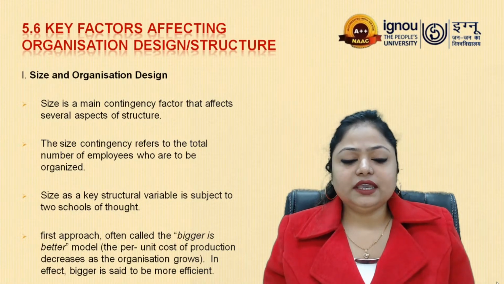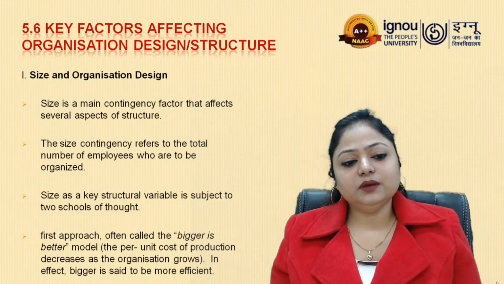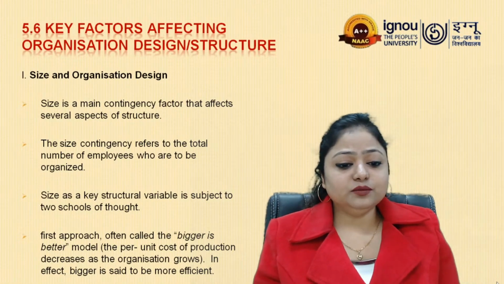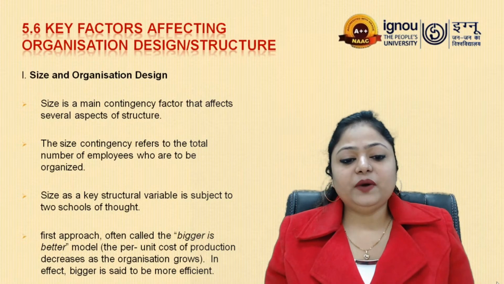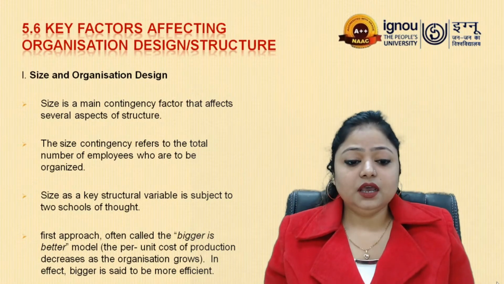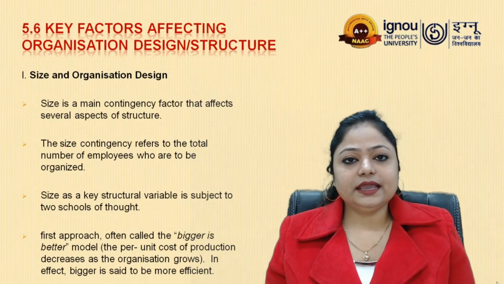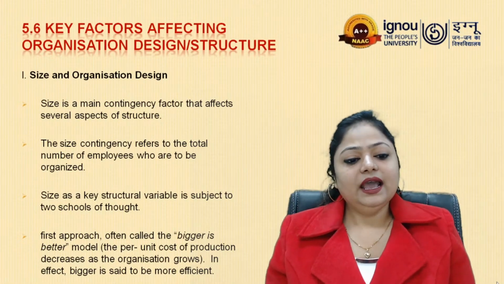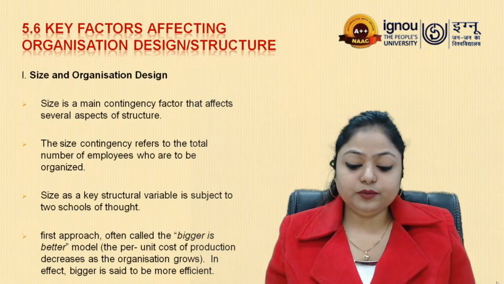Now, it is such a key structural variable that it is subject to two schools of thought. First is the bigger is better model, which opines that the per unit cost of production can be decreased if the size of the organization is large. And in effect, bigger is said to be more efficient.